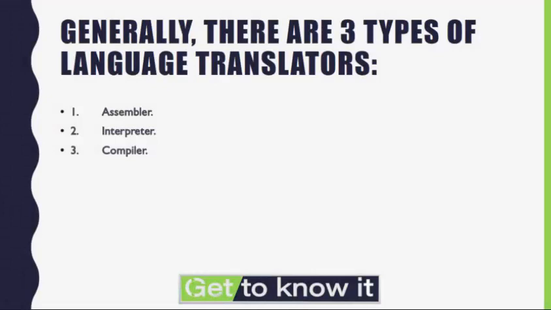Generally, there are three types of language translators, namely assembler, interpreter, and compiler. Something good to note is that interpreters and compilers translate source programs written in high-level languages to their machine language equivalents.